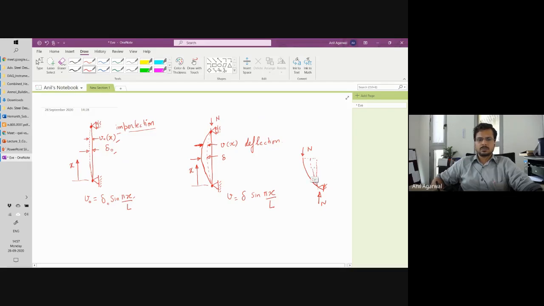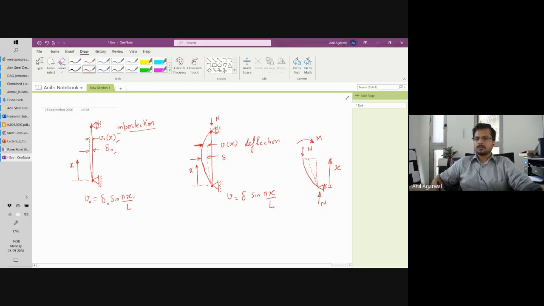So what will happen is that as the column moves, the location of the load n will also change if I'm drawing somewhere at x height. But at the same time, there will be a moment acting on this column. That will be an internal moment.